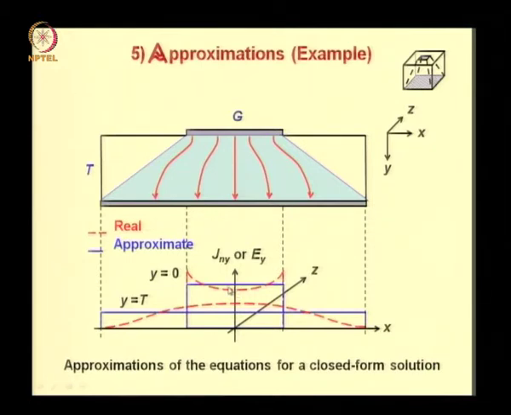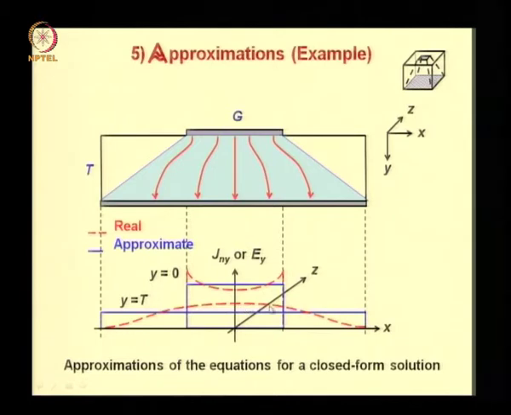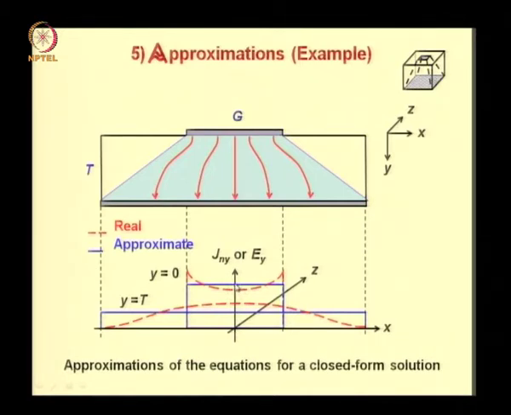So whatever area you are gaining in your approximation here is being lost from these corners. Similar comments apply here. Whatever area you are gaining at these corners in the approximation, you are losing from these regions. So in very simple terms, in your approximation the electric field or current density is higher than at the center at the top contact, whereas it is lower than the values at the center at the bottom contact.